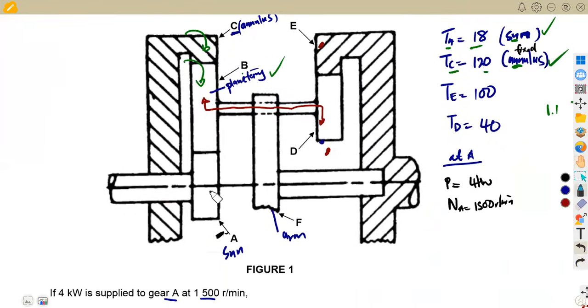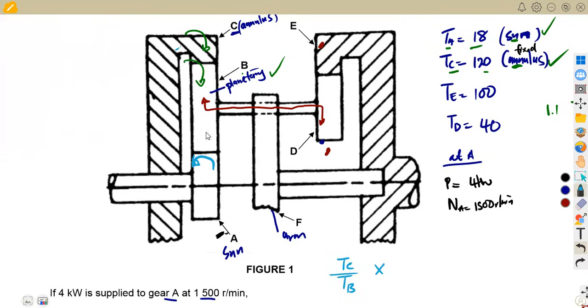Now the sun is driving the planet in this case. Since the planet is going clockwise, the sun is going to be considered anti-clockwise. It's affected first by the annulus that we had before, TC over TB.